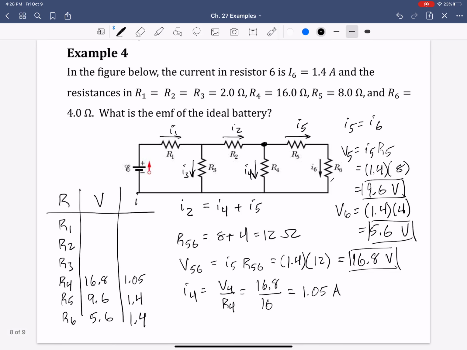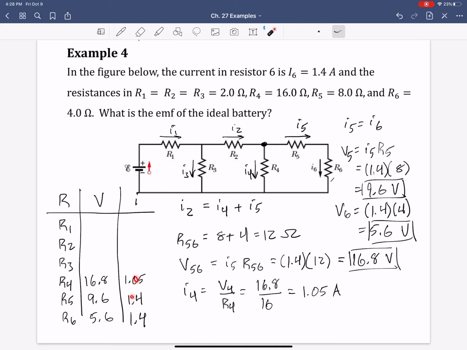We need, for resistor 3, let's skip to resistor 2 because that's kind of next in line. So, what's the current in resistor 2? Well, now we can use the node rule, right? We have what we wrote here. Remember, I2 equals I4 plus I5.